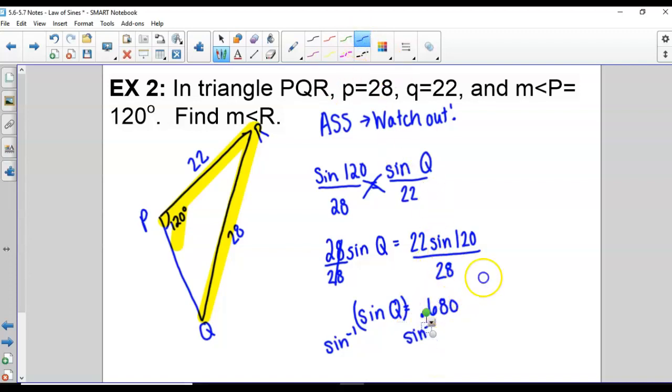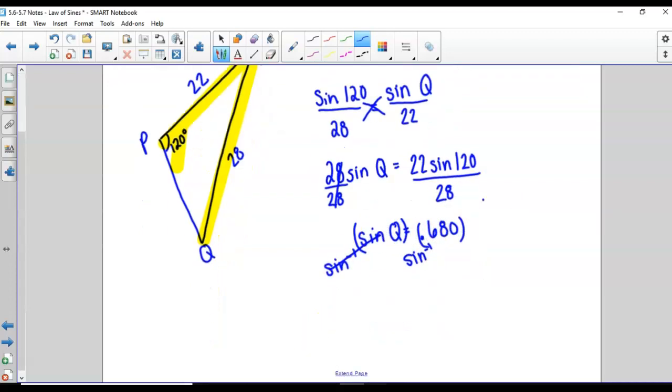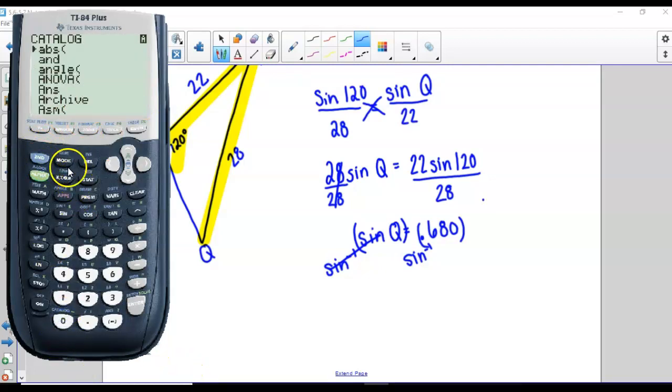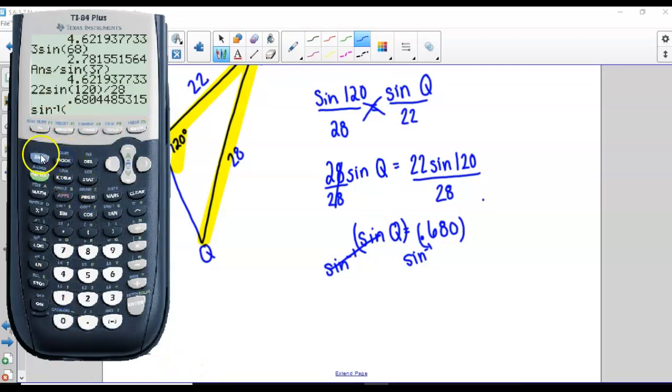You cannot divide by sine, because sine is an operation. It is not a number. So if we do sine inverse of both sides, you do second sine. It's going to bring up sine inverse. And then so that you don't have to round that answer off, do second negative. Not second 0, but second negative. And that'll put that answer in.